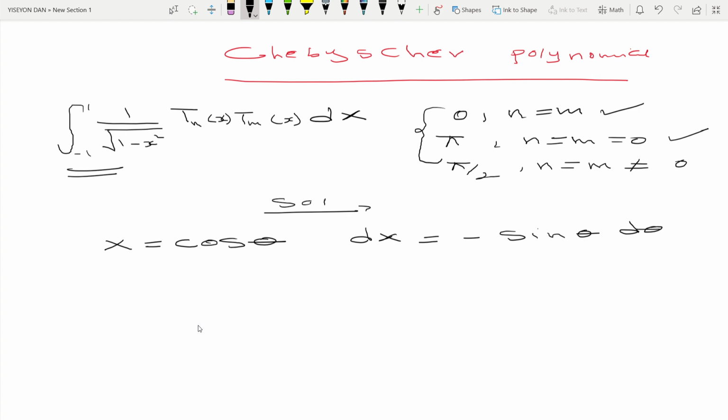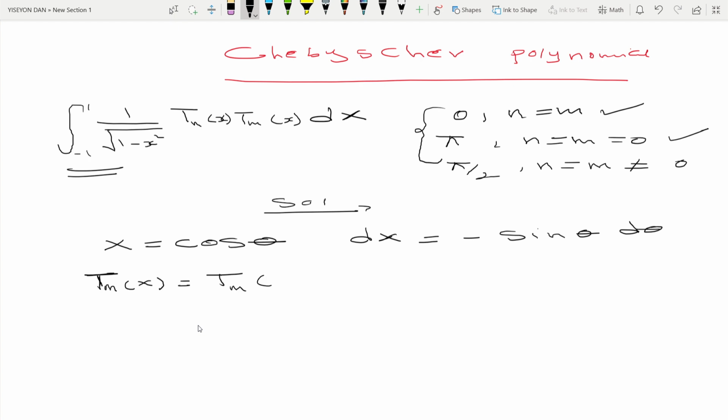If that should be the case, it simply means that if we are taking Tm of x, and we already stated x to be cos theta, then we have Tm of cos theta.